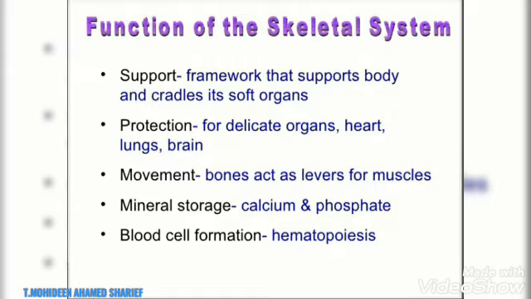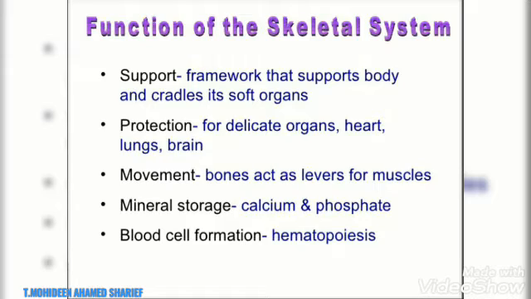It forms a rigid framework and supports the weight of the body against gravity. Next one is shape. It provides and maintains the shape of the body. Third one is it gives protection. It protects the delicate and internal organs of our body.